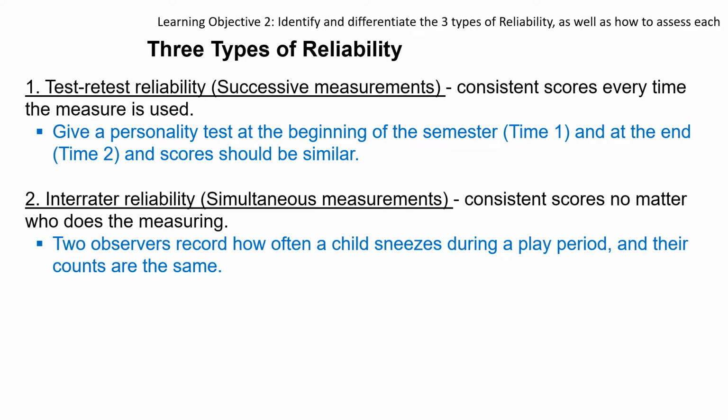The next main type of reliability is what's referred to as inter-rater reliability. I kind of talked about this a little bit already, but this is simultaneous measurements, consistent scores no matter who does the measuring. So with my dissertation, I said I have those couples in the lab. I then have coders rate how close they're sitting together and how often they touch. Inter-rater reliability is how accurately 2 raters agree with each other on their ratings.